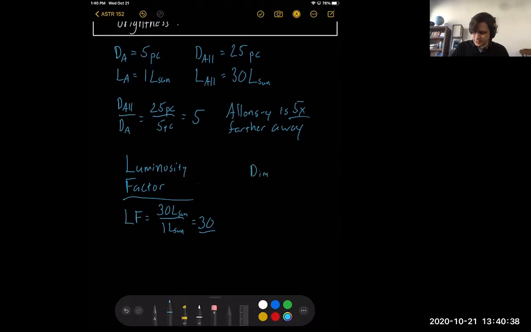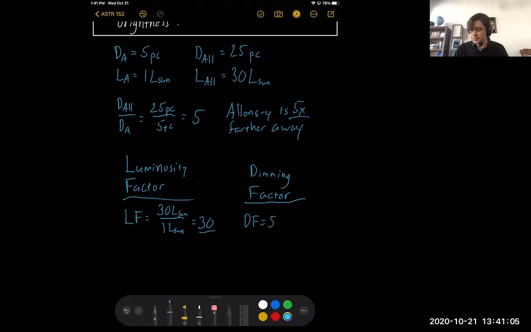And now we have what I call the dimming factor. And remember that the dimming factor follows how much it's going to be dimmed by being farther away. Alonzi is 5 times farther away. And it drops with the distance squared.